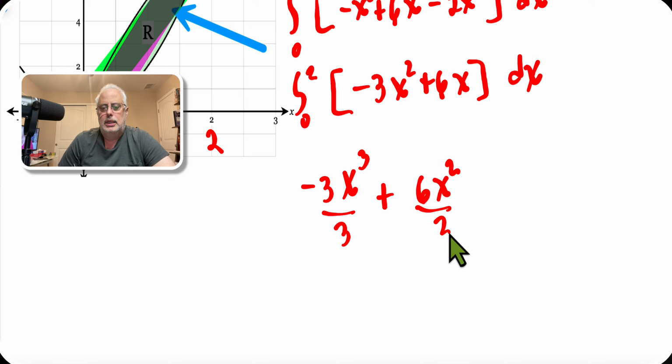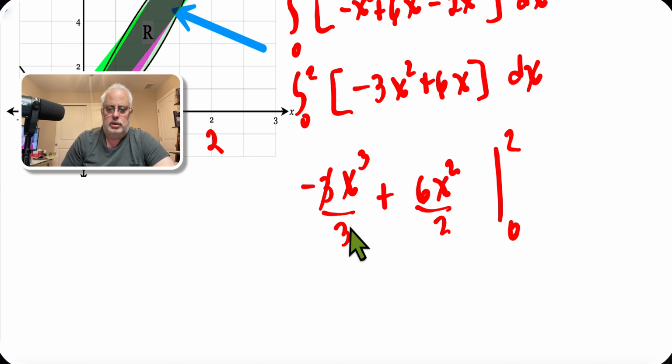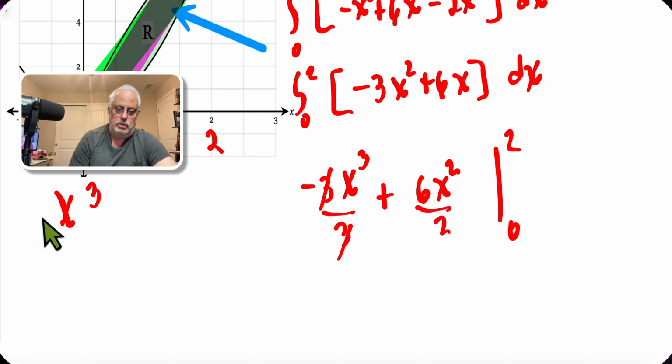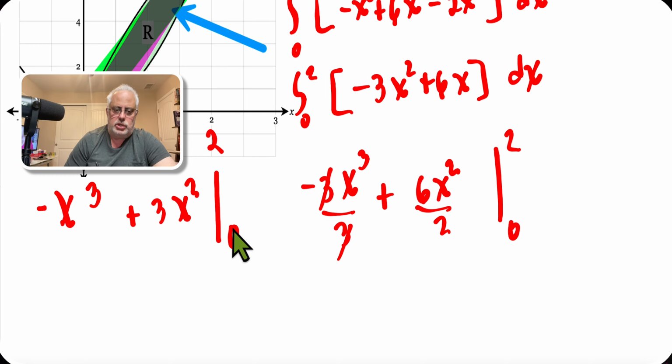And remember, we are going to evaluate that for 0 and 2. So we cancel here. You have negative x to the power of 3, plus 3x squared, evaluated from 0 to 2.